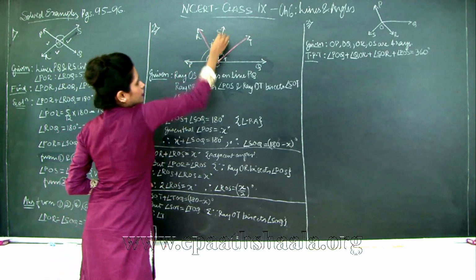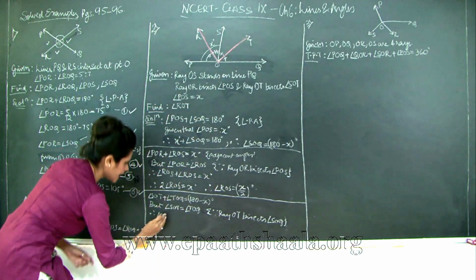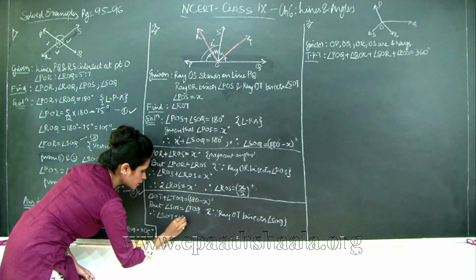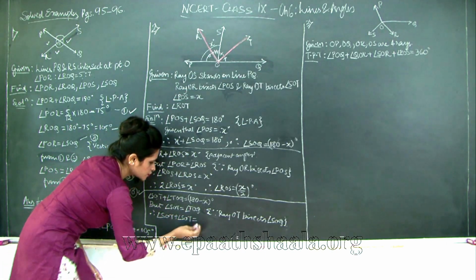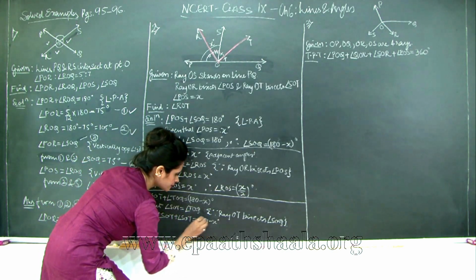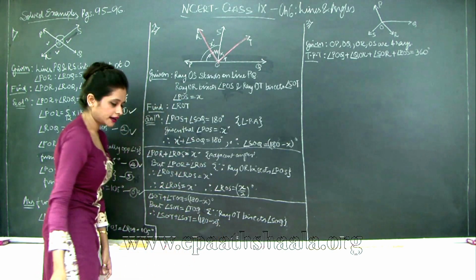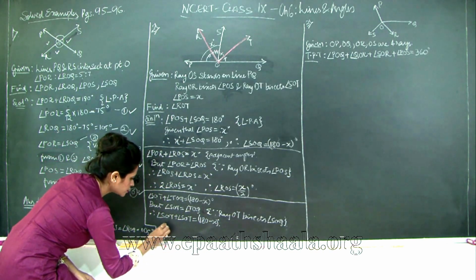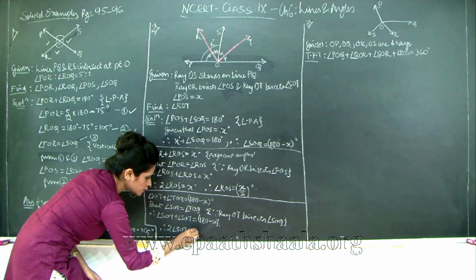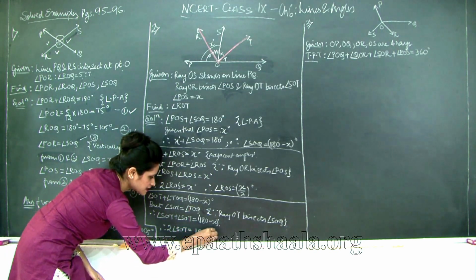So we need to find the measure of angle SOT. So I will say angle SOT plus angle SOT is equal to 180 minus x degrees. Correct? Therefore, twice of angle SOT is equal to 180 minus x degrees.